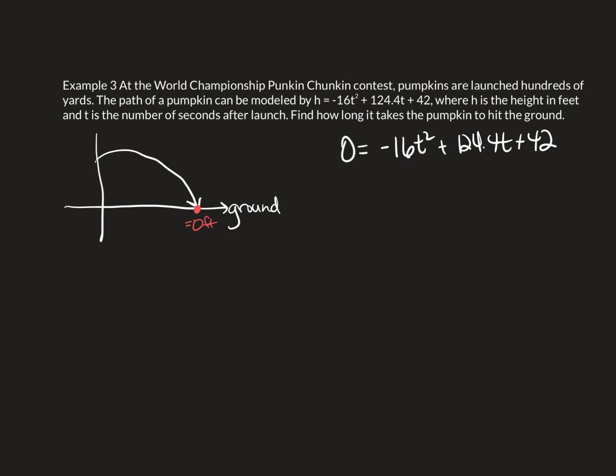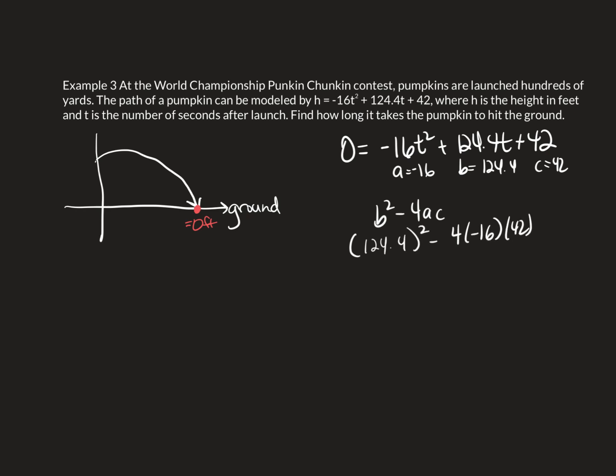So let's solve. We're going to use the quadratic formula. I'm going to find my discriminant first. A is negative 16, B is 124.4, and C is 42. So b squared minus 4 times a times c. 124.4 squared minus 4 times negative 16 times 42.